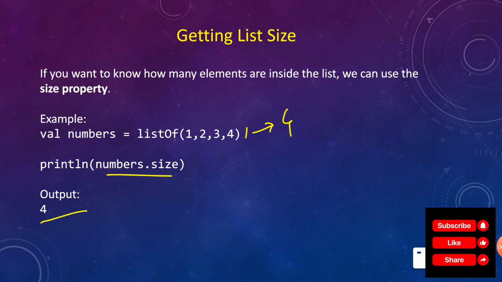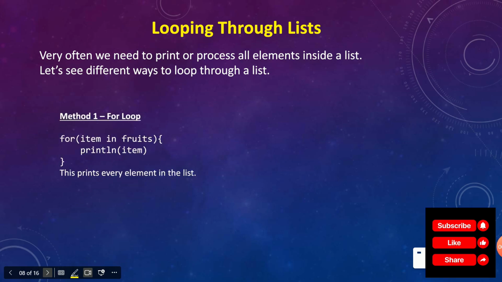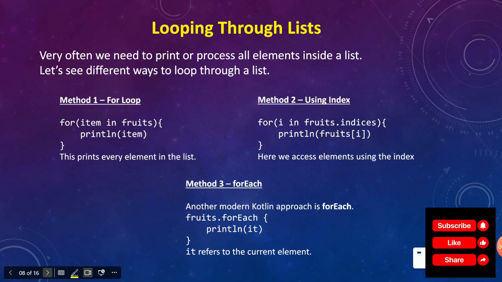Next, looping. We can do looping in a list as well. Often we need to print or process all the elements inside a list. Let's see different ways to loop through a list. In the previous session, I think we saw arrays with different methods, one as a for loop, forEach. In a similar way we can retrieve the list elements by using the for loop.